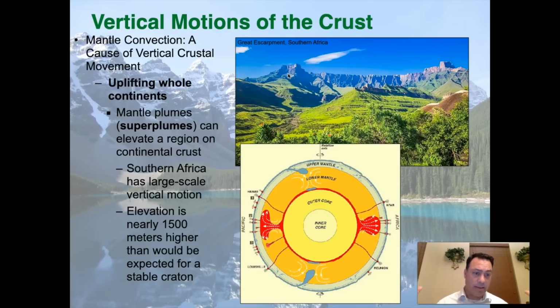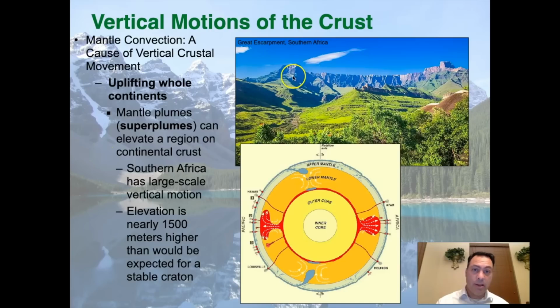There's nothing that makes any sense for it. And when we look at the information that we have on the mantle underneath Africa, one of the things we've discovered is that there's a super plume down there. There's a super plume of hot mantle. This hot mantle is rising up underneath Africa, and this plume can elevate the entire region.